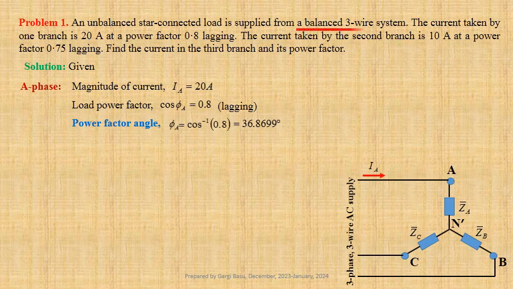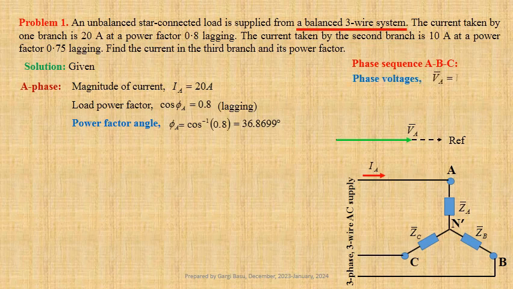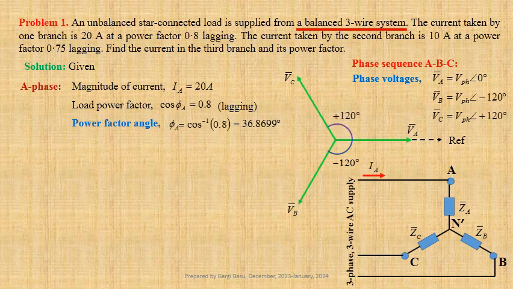For a balanced 3-phase system with phase sequence ABC, taking phase voltage VA as reference, we can write phase voltage VA equals V phase at an angle 0 degree, VB equals V phase at an angle minus 120 degree and VC equals V phase at an angle plus 120 degree.